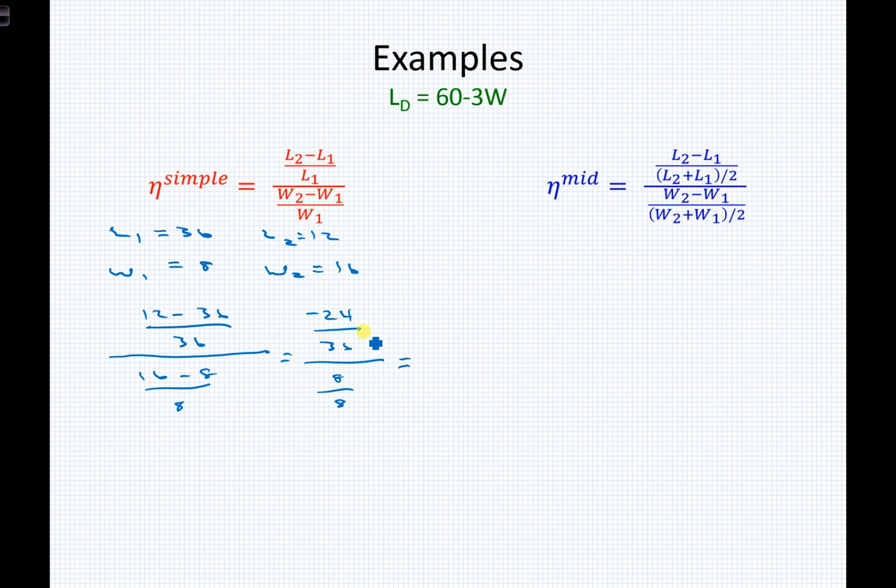So this value, the numerator divided by 1, is simply going to be the numerator. So negative 24 over 36 is once again going to be negative 0.66. And you'll notice I didn't extend this to the next level of calculation, because when we have a value divided by 1, and 8 over 8 is 1, then the value simply is the value. Dividing it by 1 doesn't change it.